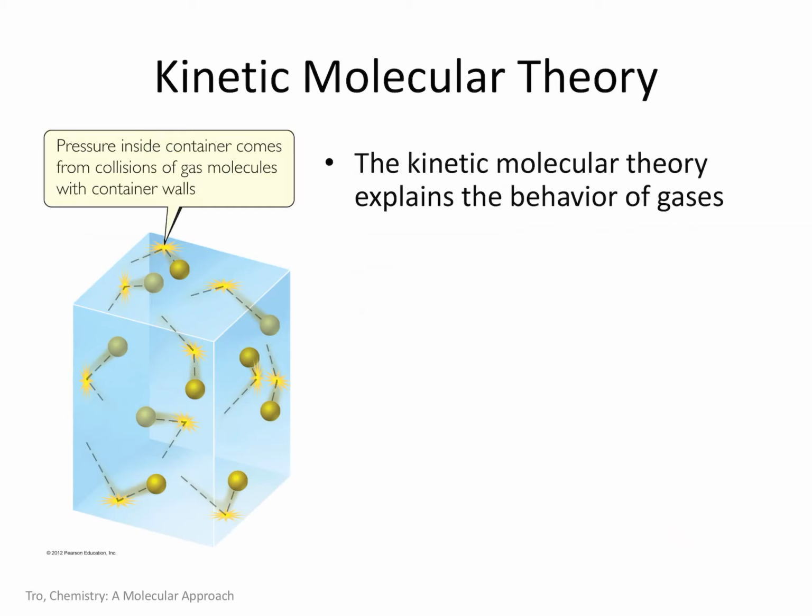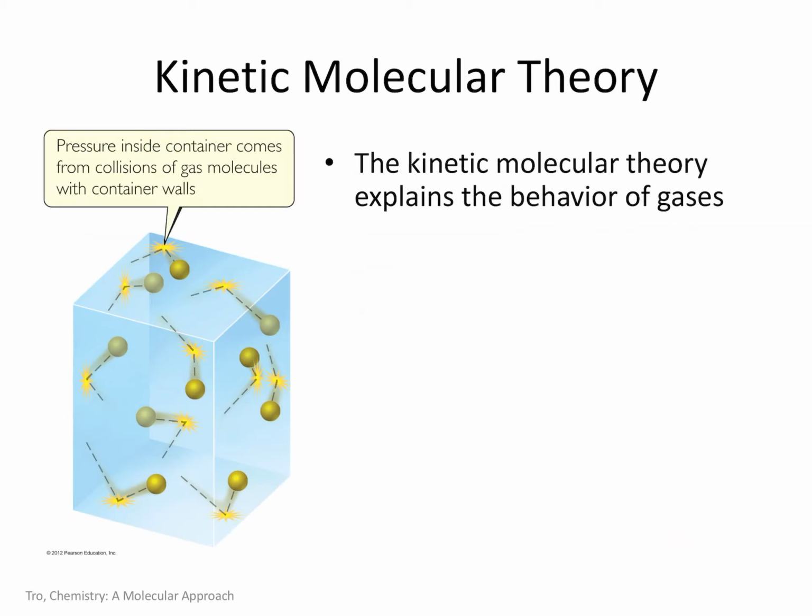We assume that the particles themselves occupy negligible volume, even though they have mass. This is because under normal pressures, the space between atoms or molecules in a gas is very large, because they're bouncing away from one another. So the space between them is really big, but the particles themselves are very, very small. We don't need to know how big they are, since the distance between them is so big.